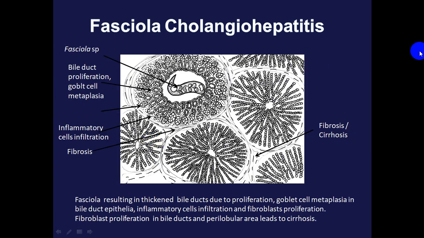Next is cholangiohepatitis due to fasciola infections. These fasciola species, these kinds of trematodes, will make constant irritations in the surrounding tissue. Usually we will find this fasciola inside the bile duct. Chronic irritation from the fasciola in the bile duct will cause chronic inflammations.